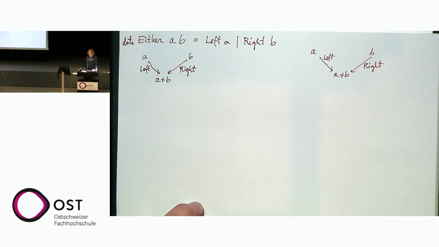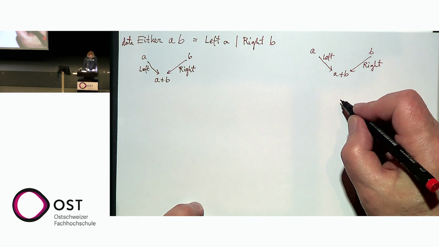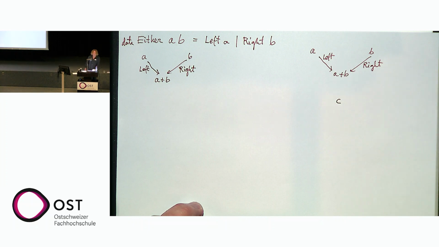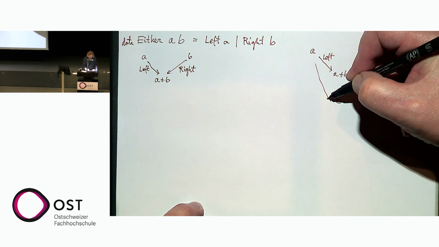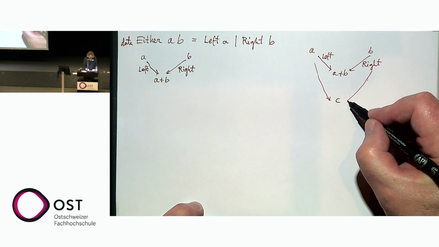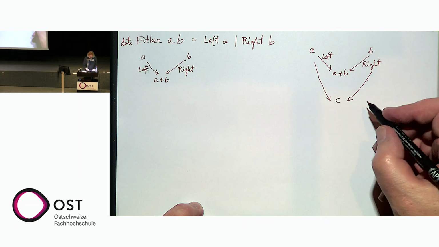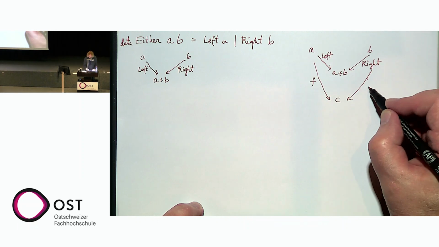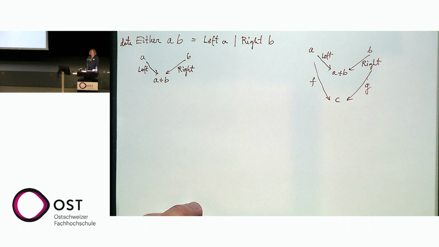We say, for any, so universal construction, for any other object C, which is equipped with two arrows, from A to C and from B to C, right? Let's call them F and G, okay?